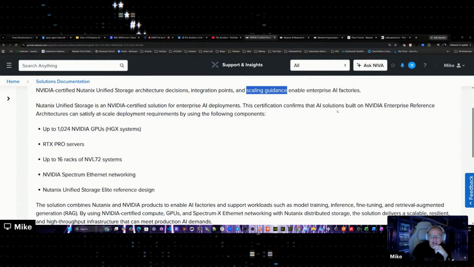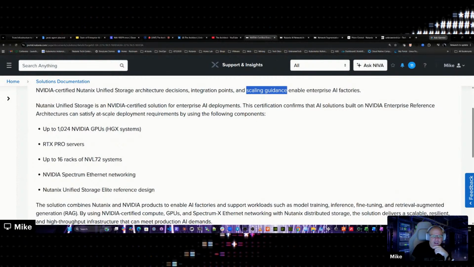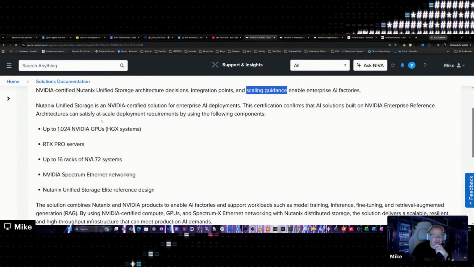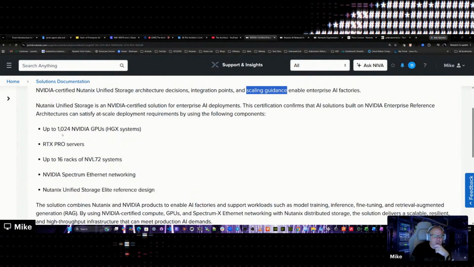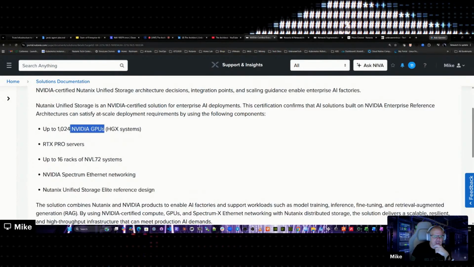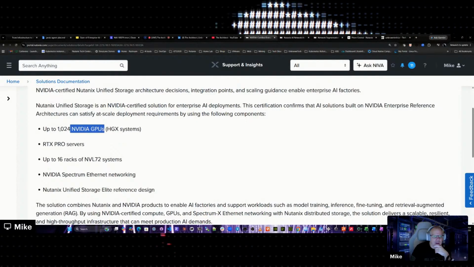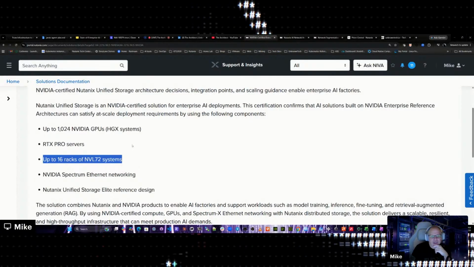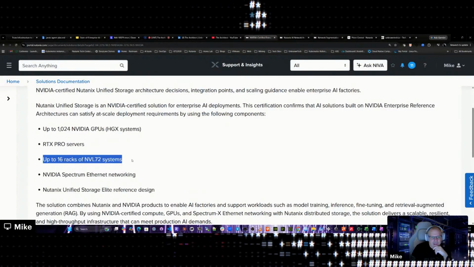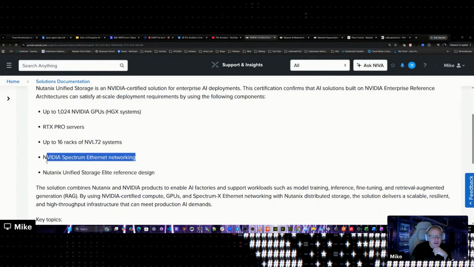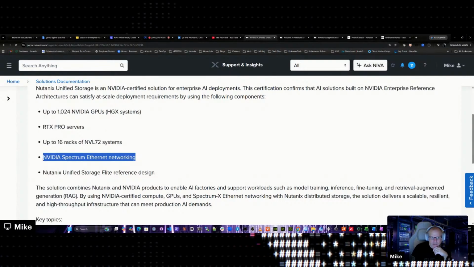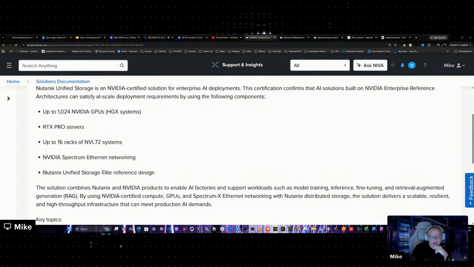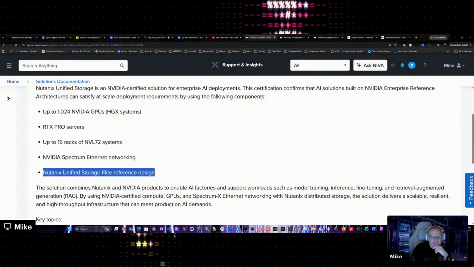It's been built on the NVIDIA Enterprise Reference Architecture and can satisfy scale deployment requirements up to 1,024 NVIDIA GPUs. RTX Pro servers are supported, up to 16 racks of NVL72 platforms. We require NVIDIA Spectrum Ethernet networking, and we're using the Nutanix Unified Storage Elite reference design.